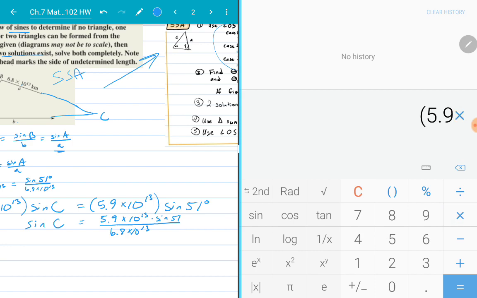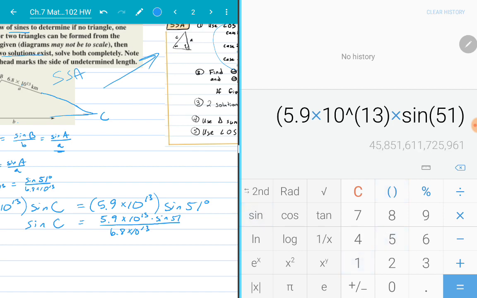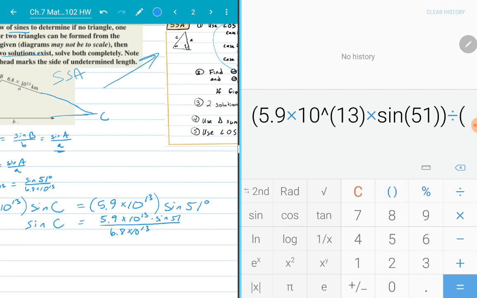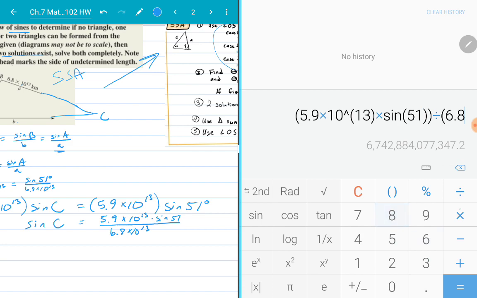5.9 times 10 to the 13th times sine of 51. Close my numerator, and then divide by, open parenthesis for the denominator, 6.8 times 10 to the 13th. And then close the parenthesis.